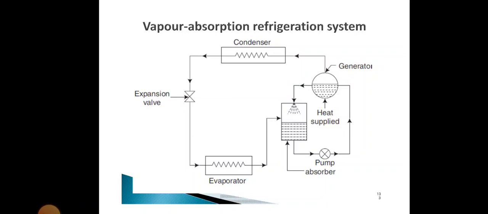Then it is led to the evaporator. In the evaporator, the liquid is fully vaporized. The latent heat of evaporation is obtained from the brine or other body which is being cooled. The low pressure ammonia vapor leaving the evaporator again enters the absorber and the cycle is completed. This cycle is repeated again and again to provide the refrigeration effect.